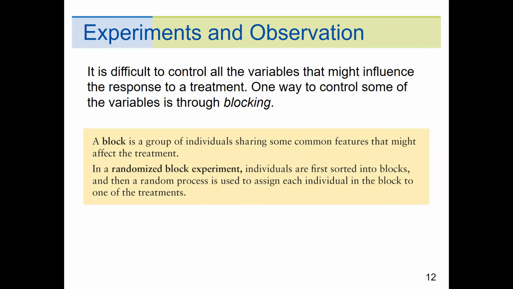So for example, maybe I group people by age, and then I group people by gender or ethnicity or various things. Or maybe I group them by predisposition to illnesses. Maybe all these patients in a certain block have chronic heart disease, or maybe this group of patients is all overweight. So I could block them, and then within each block, I could say, all right, half of these patients are going to get the experimental drug, the other half are going to get the placebo.